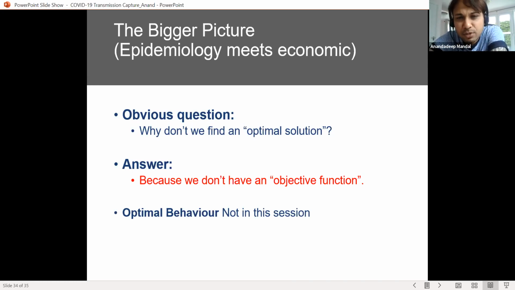Now, to answer this question, before you all can ask me any question you want, it is quite difficult to solve epidemiology meets economics by just putting an objective equation like maximize profit, maximize GDP output, maximize revenues. No, I just don't think that is a fair way to approach this problem.